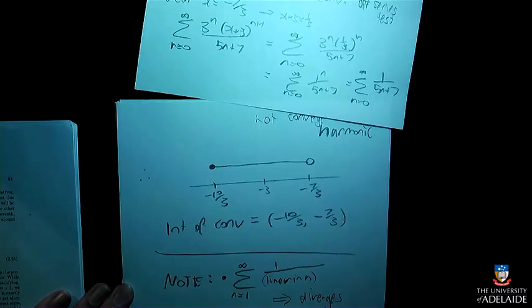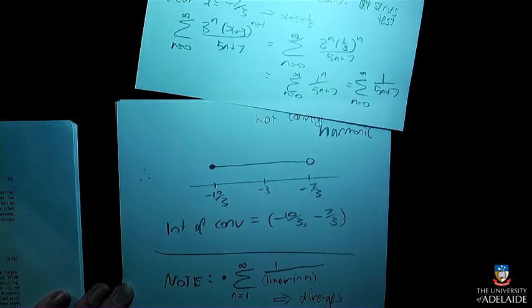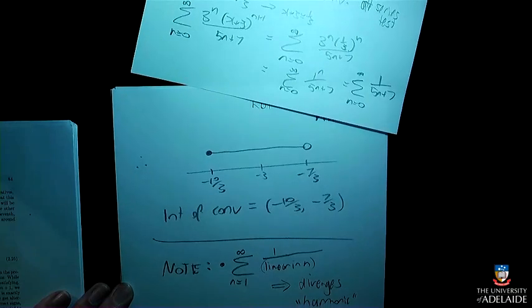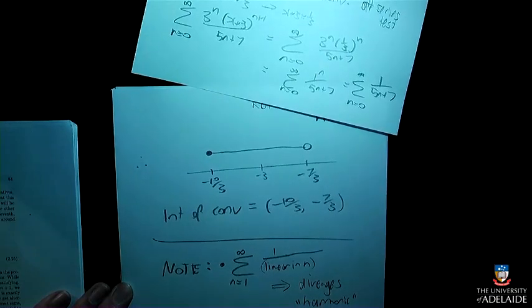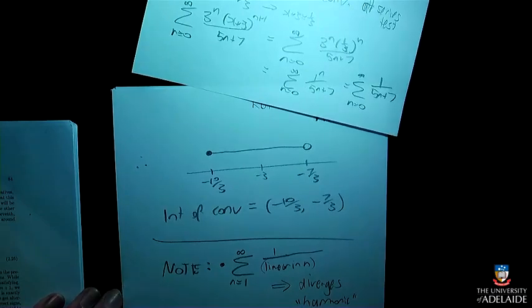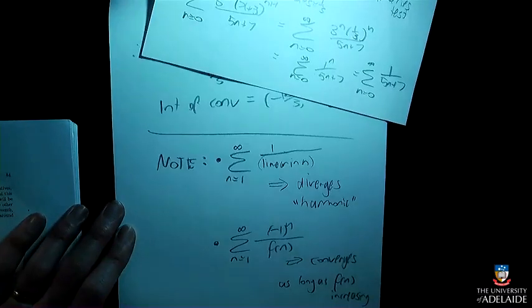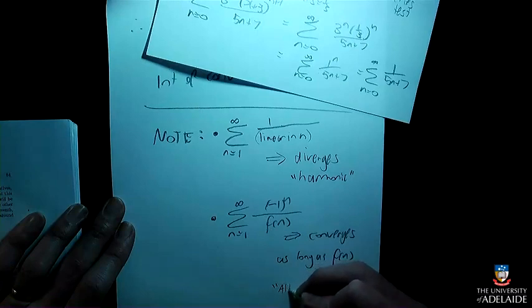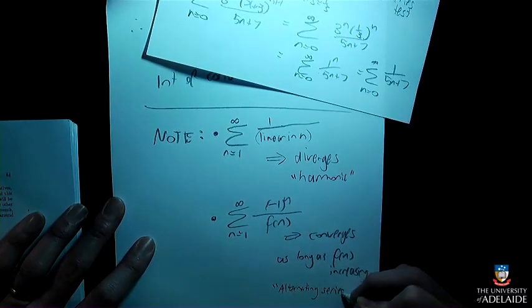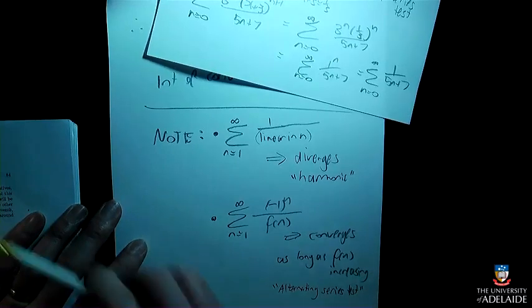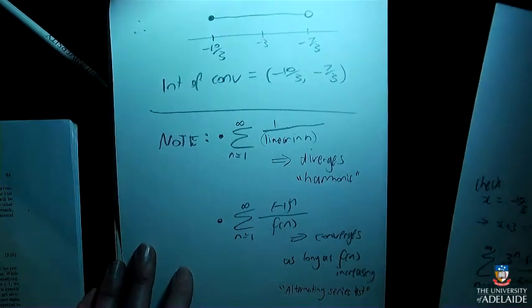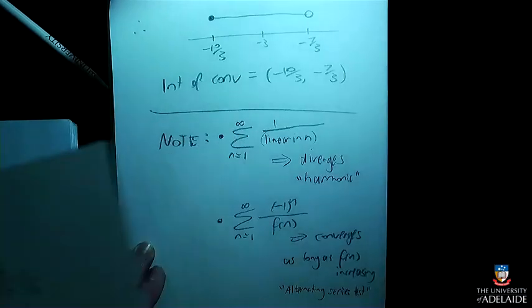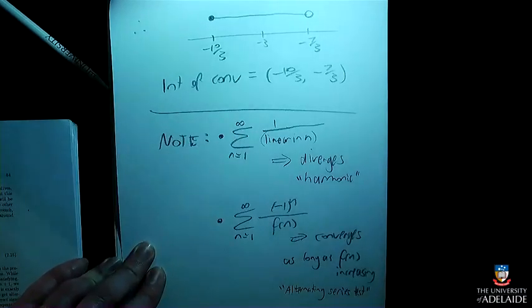This converges as long as f(n) is increasing. Sorry. This always converges as long as the denominator is increasing, and that's the alternating series test. And so that'll often happen in one of these questions, that it'll converge at one end and not the other. If it's exactly equal to 1, that's why I have to do those checks.